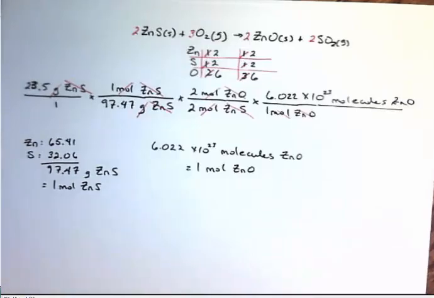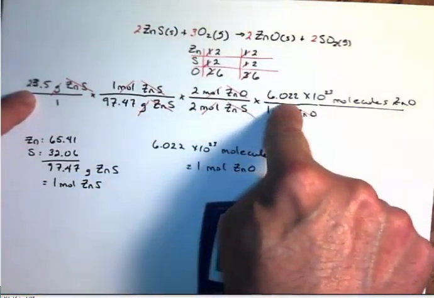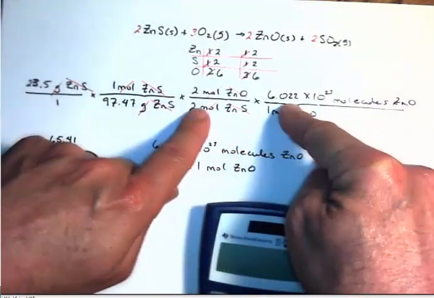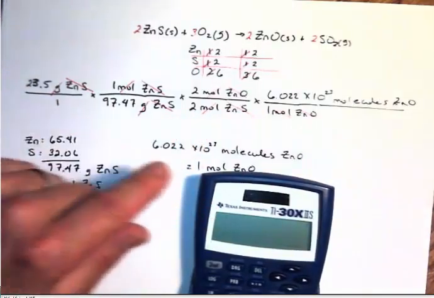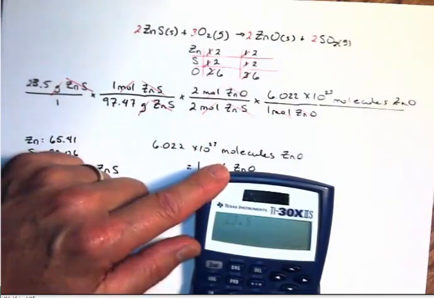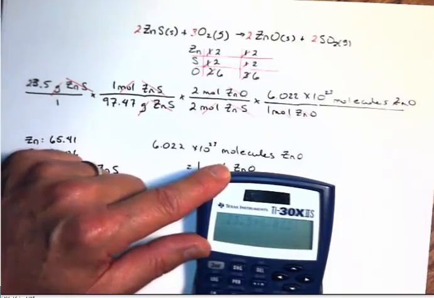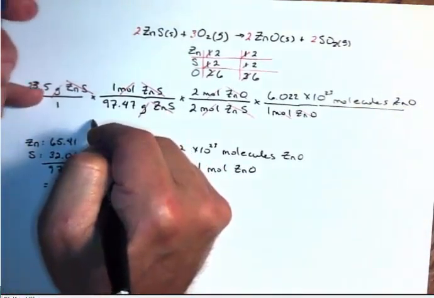So all we've got to do is put it in the calculator. This times this times this, hit equals, divide by this, hit equals, divide by this, hit equals. That's the process I've taught you to use. And let's see, this is what I got.